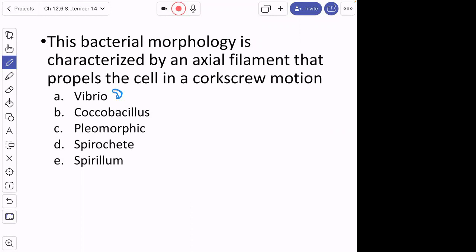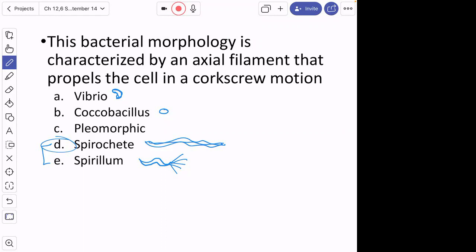Coccobacillus, we said that one's somewhere in between a round cocci and a rod-shaped bacillus. Pleomorphic morphology has no set shape. It could be kind of anything. So the difficulty really here is telling the difference between these two. The spirillum was the more rigid one that typically had tufts of flagella at one end. And the spirochete is the one that had the axial filament going down and enclosed in a membrane. So that's the correct answer there.